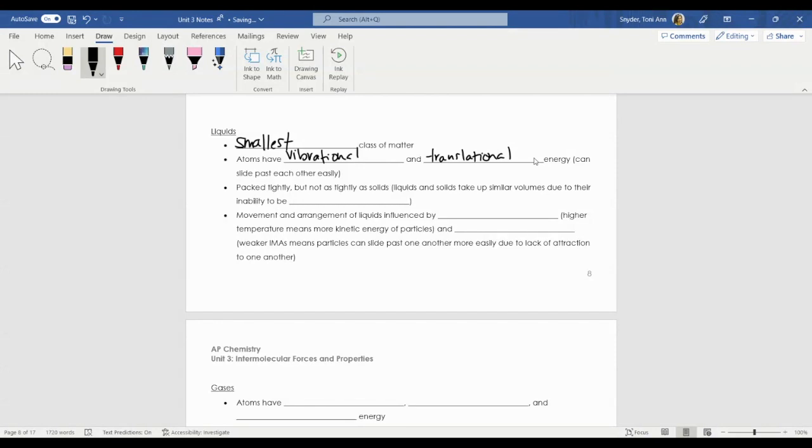Liquid particles are packed very tightly, but not as tightly as solids. Liquids and solids take up similar volumes due to their inability to be compressed. I can't take a liquid and make it take up any less space, in the same vein as a solid, because the particles of solids and liquids are already very, very close together.